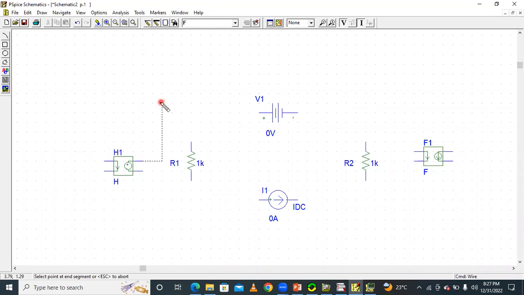Select wire. First connect all these elements.